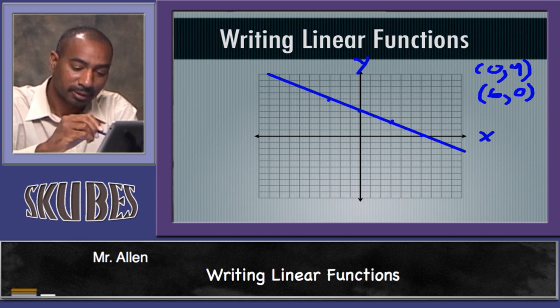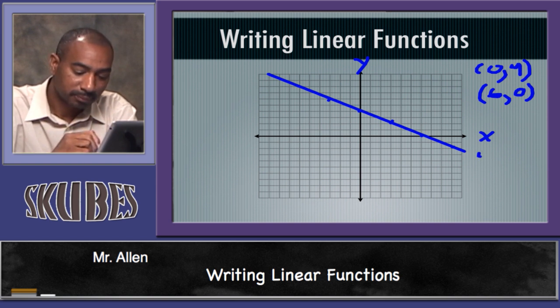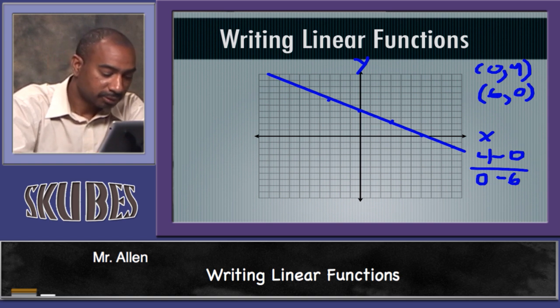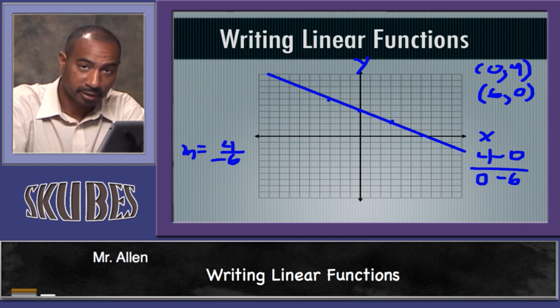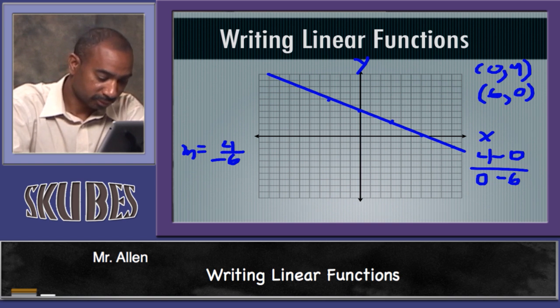So I'm going to subtract 4 minus 0. And then 0 minus 6. That means the slope is going to be 4 over negative 6. And again, 2 divides into 4 and 6. So the slope is going to be negative 2/3.